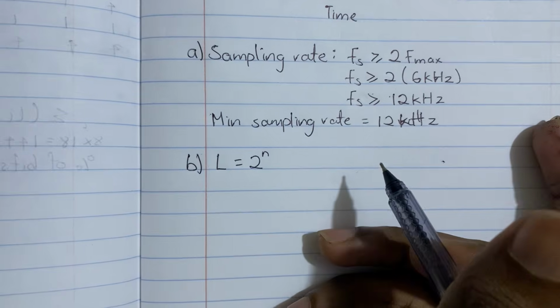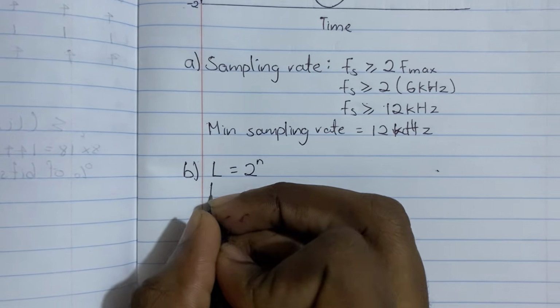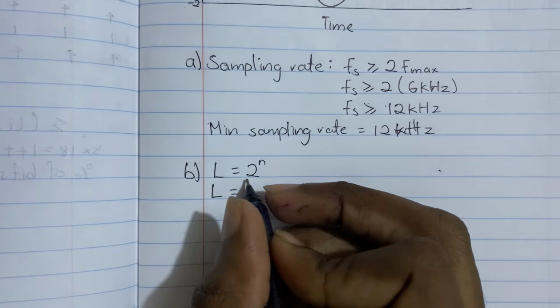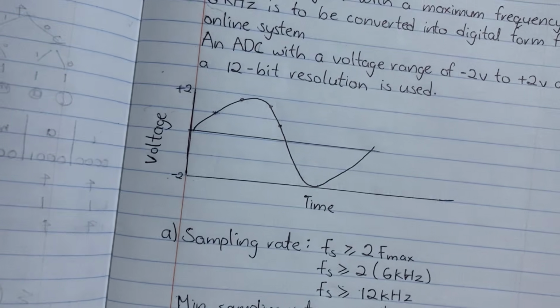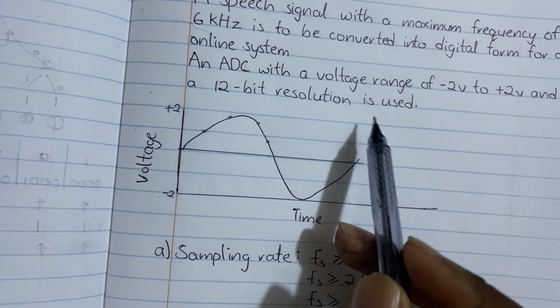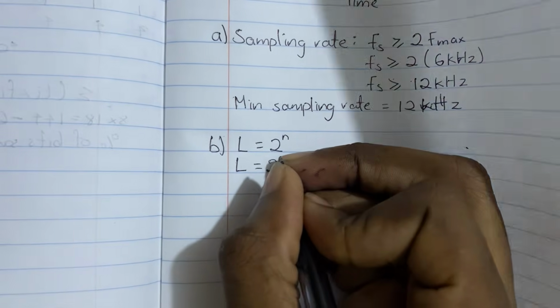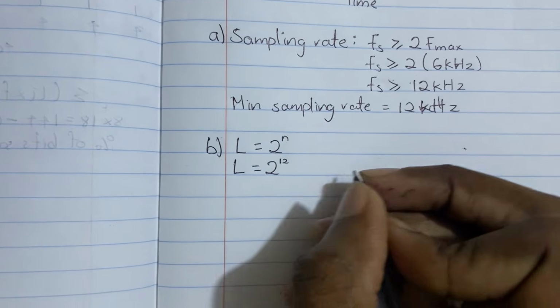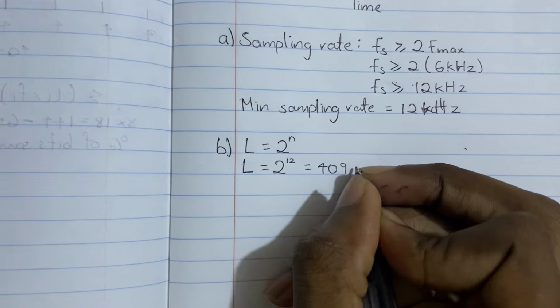As per our question, it is a 12-bit resolution, that's the bit depth, so L = 2^12, which will give you 4096.